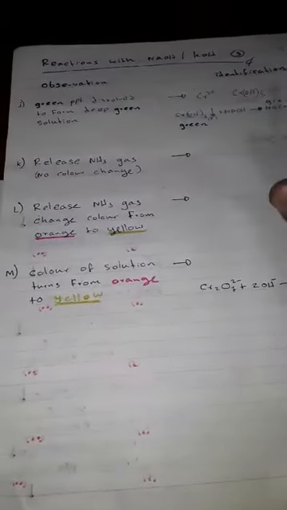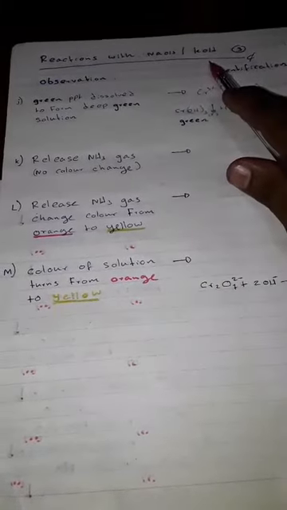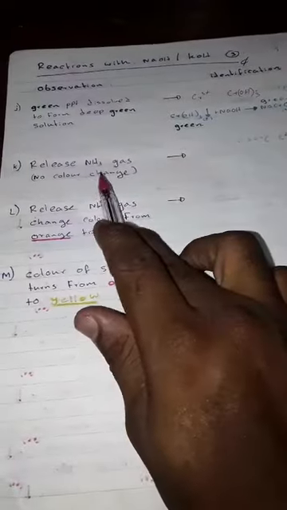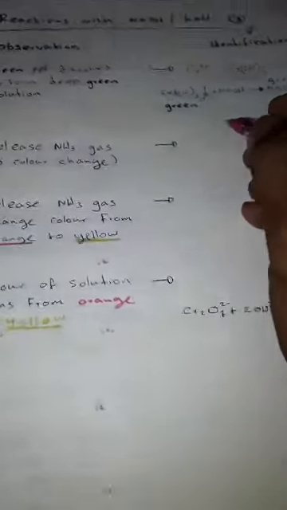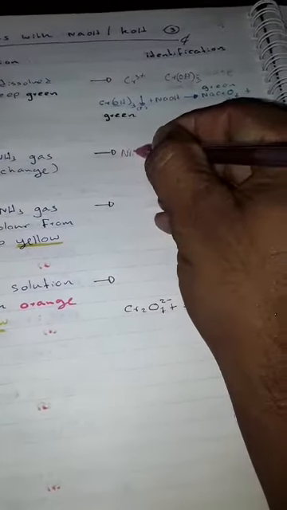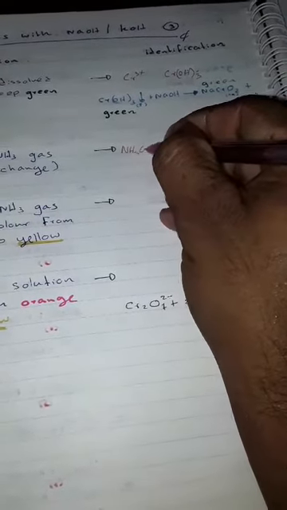The next one: when sodium hydroxide or potassium hydroxide is added, if the solution releases ammonia gas, then it may contain ammonium chloride. You know, ammonium salts normally release ammonia with a base.